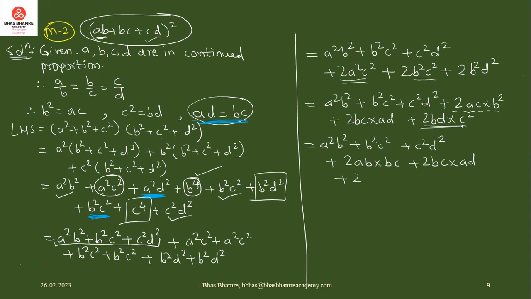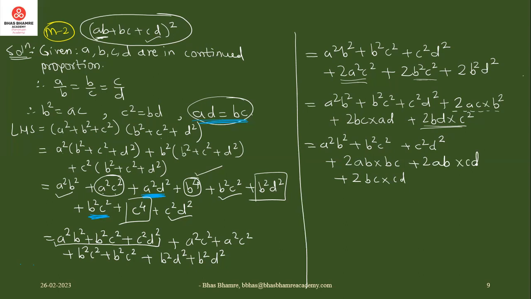BD into C square can be said as 2BC into CD. Oh, but BC into AD. Sorry, this I made a mistake. That should be AB into CD.